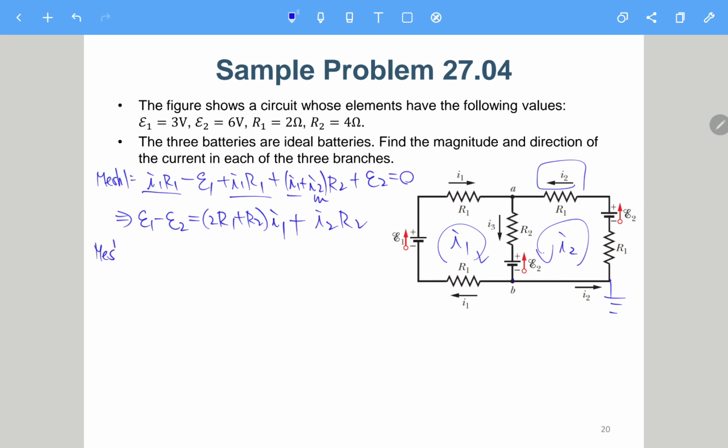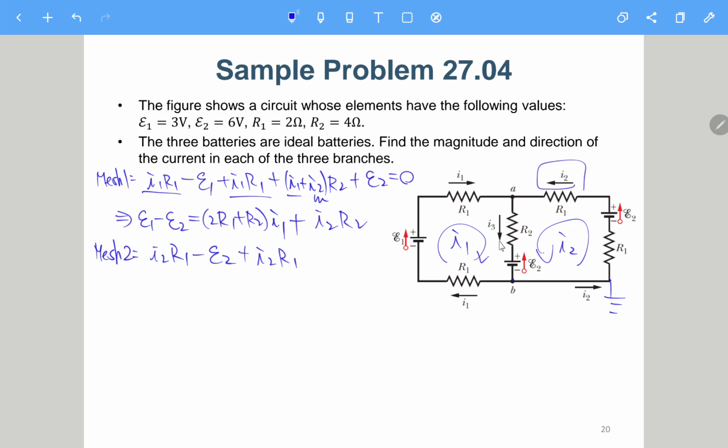So for mesh 2, let's start from here and go in this way. The first one is I2R1. And then here, this is lower, this is higher, so we should subtract E2. Then going from here to here, we should add I2R1.